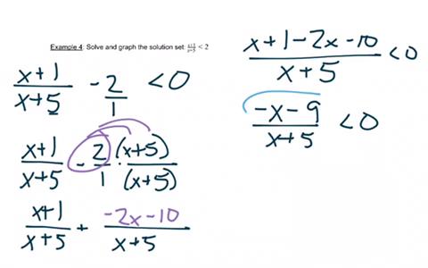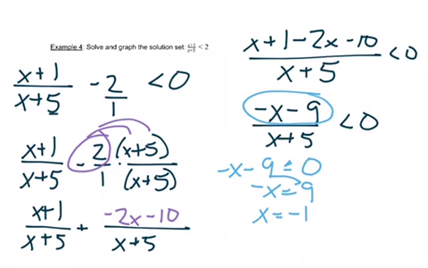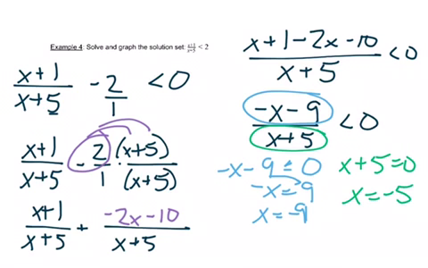And now I'm ready to set the top equal to 0. So I get negative x is equal to 9. Move the negative to the other side, I get x is equal to negative 9. I'll do the same thing with the bottom. x plus 5 is equal to 0. x equals negative 5.